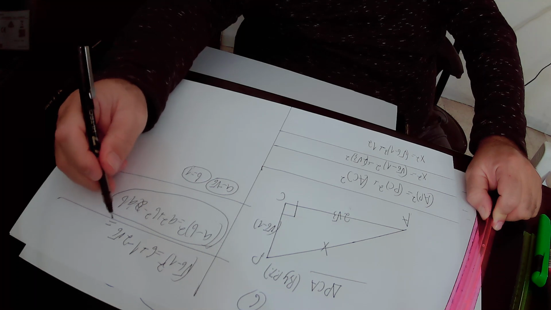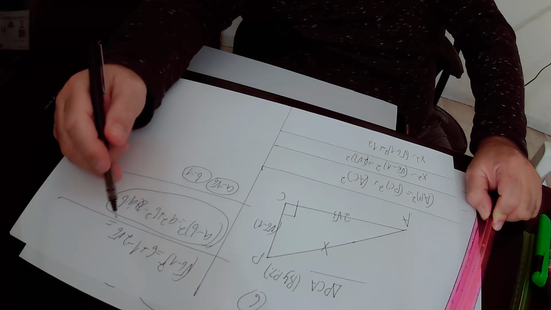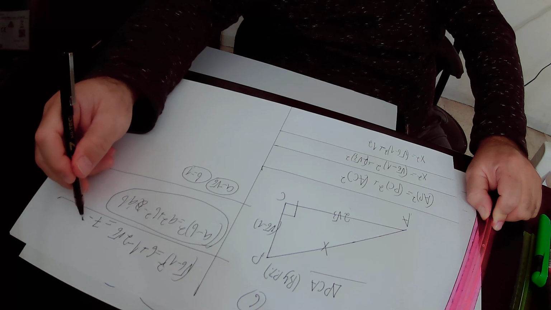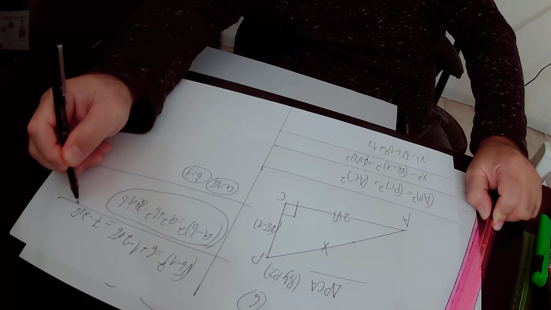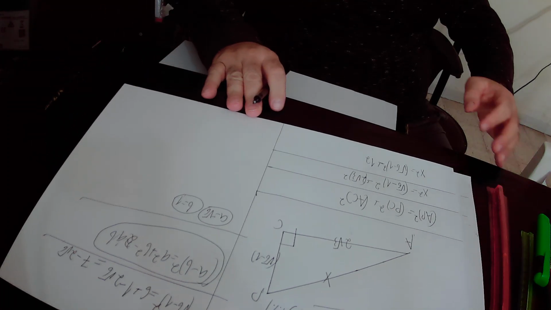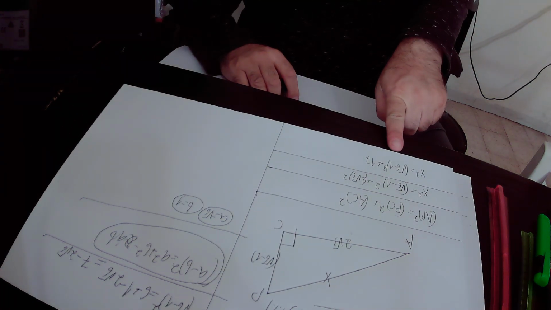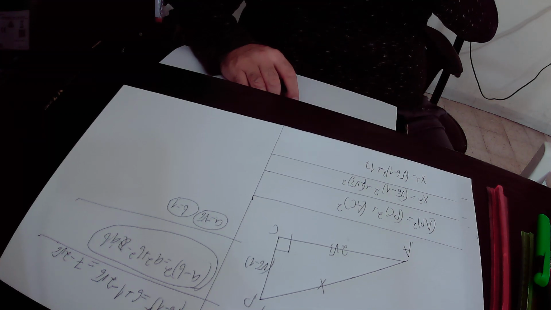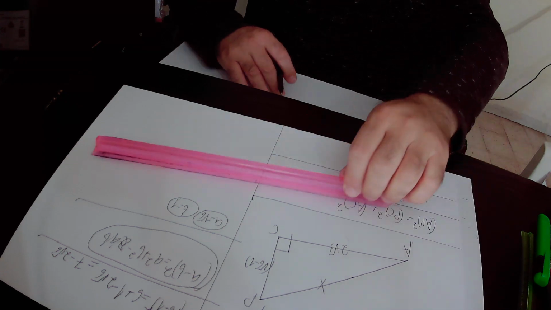In conclusion, we found out that (square root of 6 minus 1) square equals 6 plus 1, that is 7, minus 2 times square root of 6. So we can substitute (square root of 6 minus 1) square in this equation by 7 minus 2 times square root of 6.